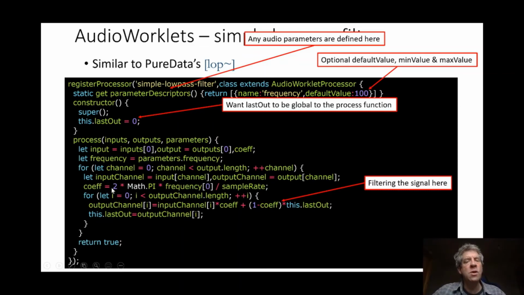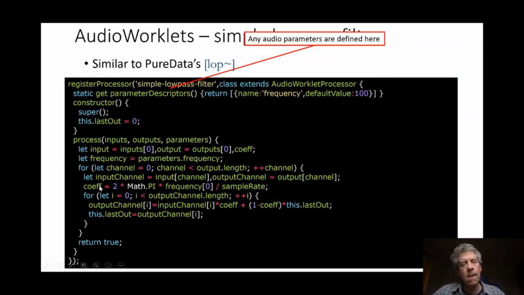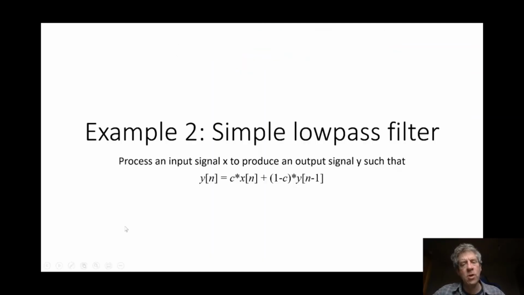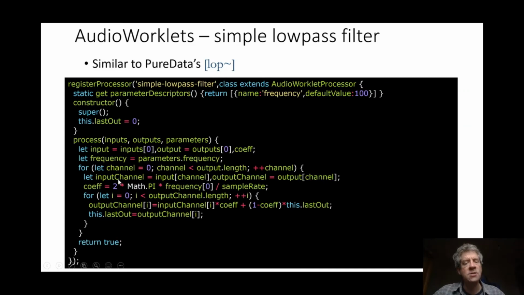And now what we do is this line here, because we're matching Pure Data's low-pass filter, where the low-pass filter defines the coefficient. I'll go back. The coefficient is the C value right here. It's the one parameter we're working with, but here it's defined in terms of a frequency as 2 times pi times some frequency parameter that the user controls divided by the sample rate.